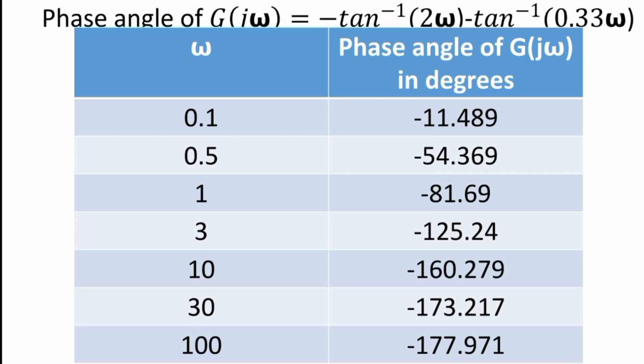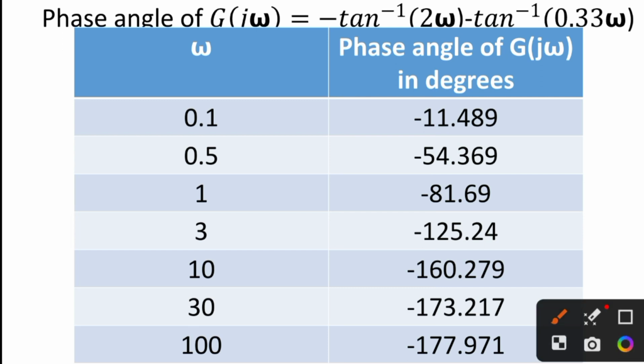Substituting the value of omega in the phase angle formula, for 0.1 we are getting minus 11.489. For 0.5 minus 54.369. For 1 it is minus 81.69.